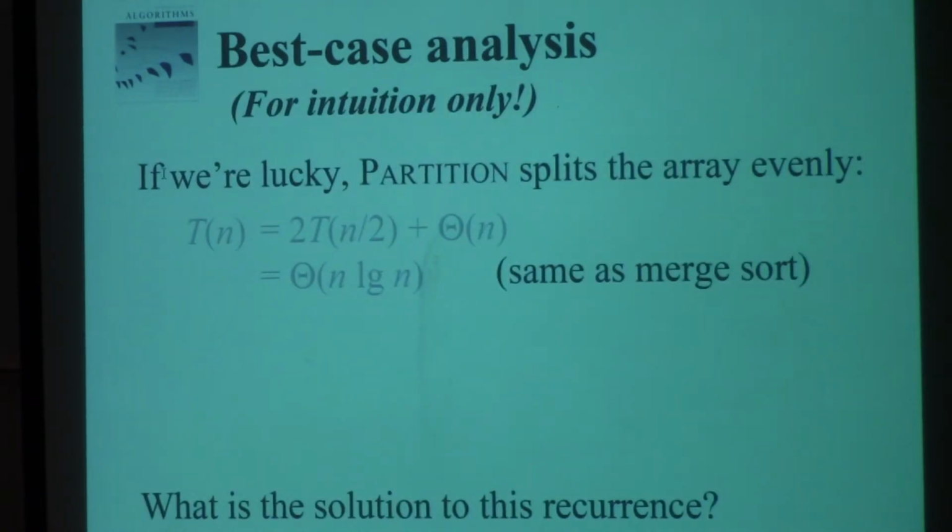Let's look at the best case analysis. This is our impossible scenario, right? The impossible scenario says, if we're lucky, partition splits the array perfectly, evenly, so that means we're going to have the partition cost, but then we'll have 2 times Quicksort of each half. But that's by master theorem n log n, right?